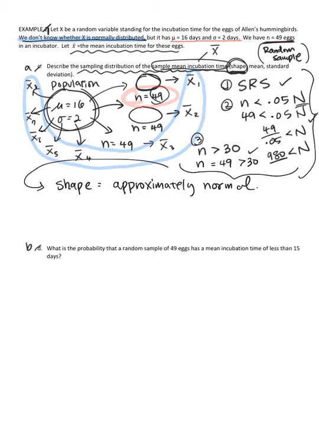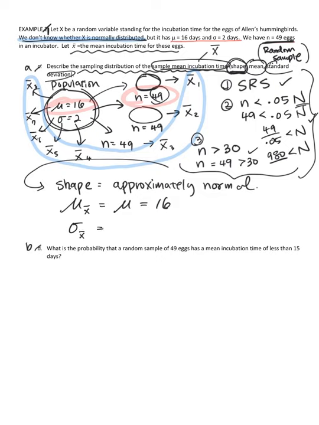Another thing they want you to find is the mean, so that's mu sub x bar. Remember the formula: mu sub x bar is the same as mu, so that's 16. And finally, the standard deviation, sigma sub x bar.